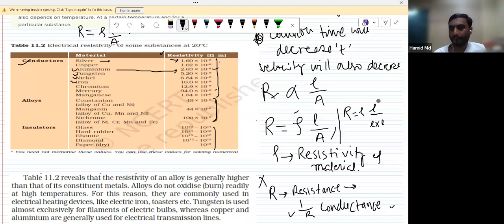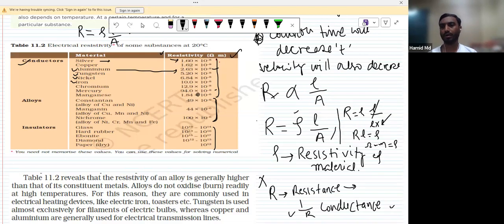So we will cross-multiply, and here rho will be R into A by L. This is rho. R is ohm and L is meter, so this is ohm meter. Clear? Yes, sir. So this is the unit of resistivity, ohm meter.